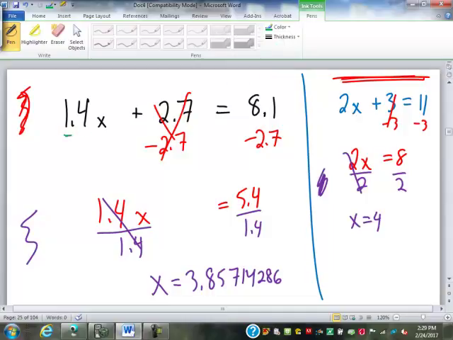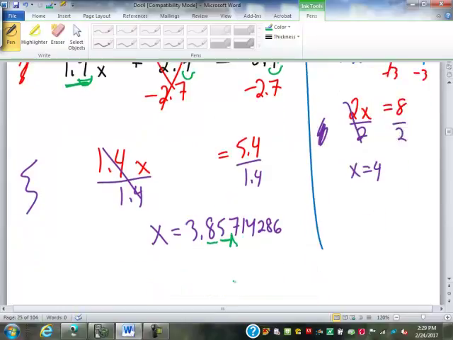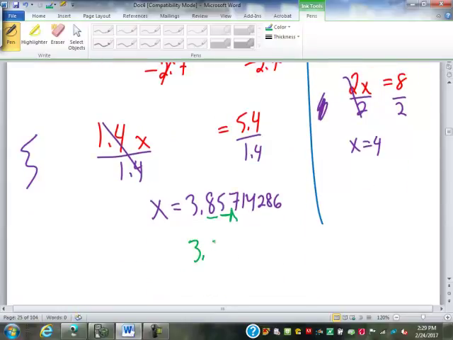Well, here the numbers in the equation have 1 decimal place in them. So we said you go 1 decimal place past the numbers given. So if these have 1 decimal place, our answer should be rounded to 2 decimal places. So we'd round that to 3.86.